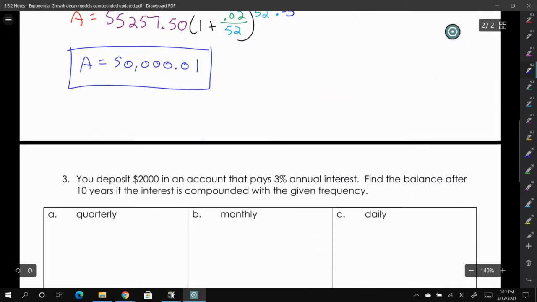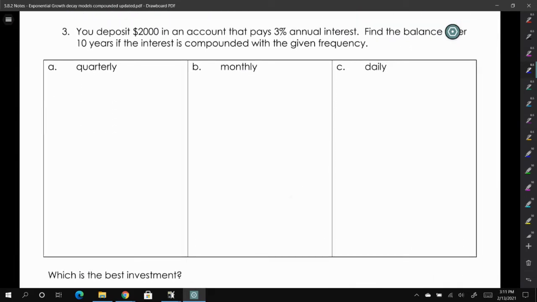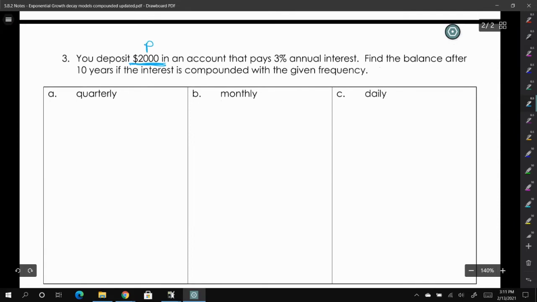So let's look at the third page. I'm going to have you guys try some of these to determine, is it better to compound something quarterly, monthly, or daily? So we have an initial deposit of $2,000, and so it's going to be our P value. 3% interest, that is 0.03, and 10 years, that means t equals 10.